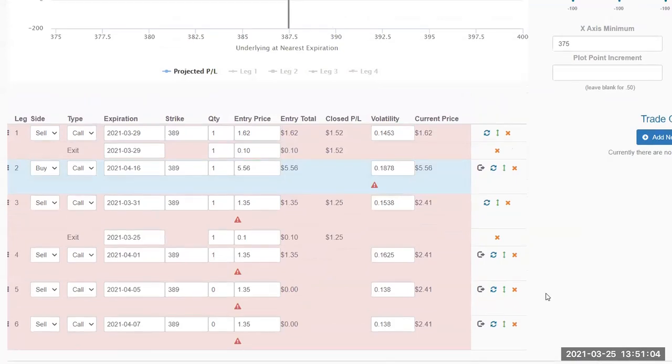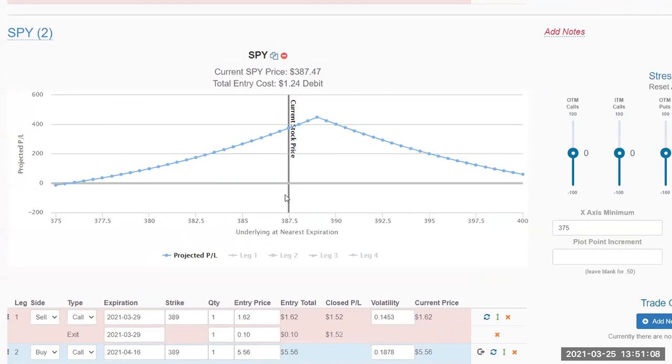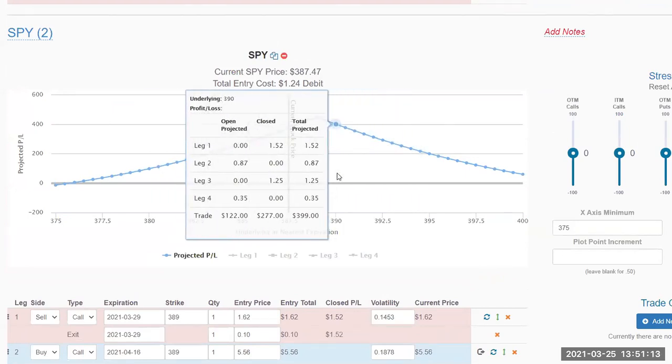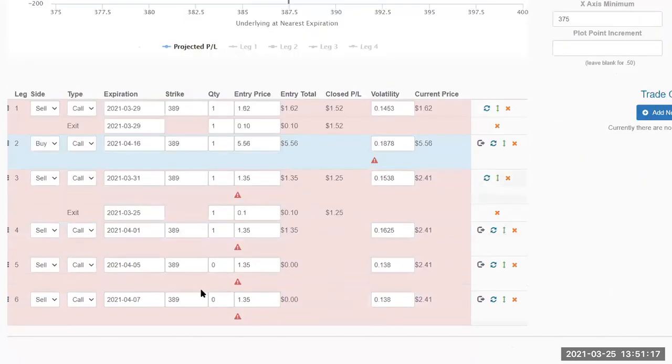And if we can just do this 2 more times, we've created this nice big profit graph. And this is based on exiting on 4-1, which is the last one that I sold here.